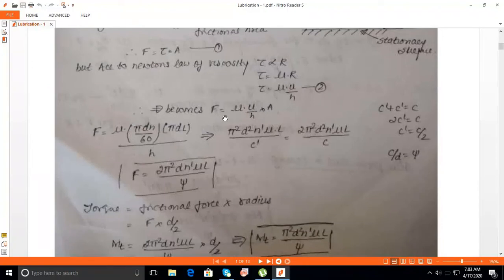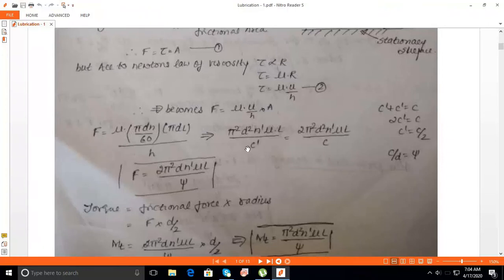So tau is equal to mu into U by H. This, equation 2, is substituted into equation 1. So F is equal to mu times U by H into A. U is the velocity, it is pi dN by 60, and A is the circumferential area, it is pi into d into l.